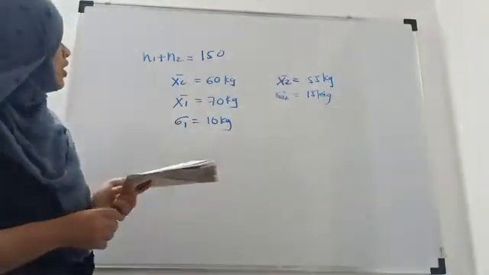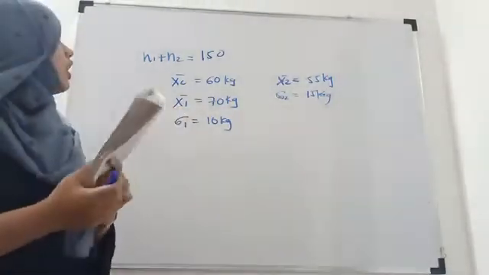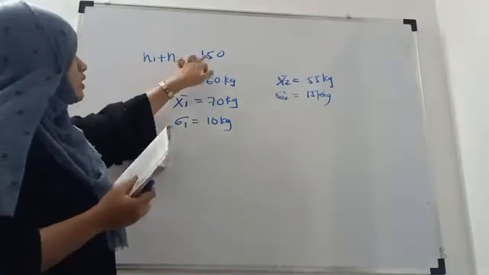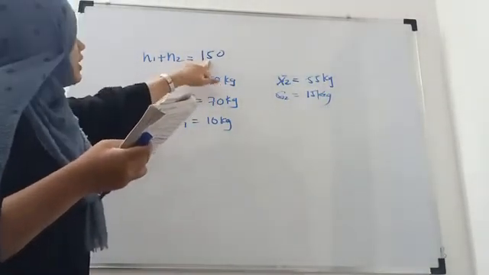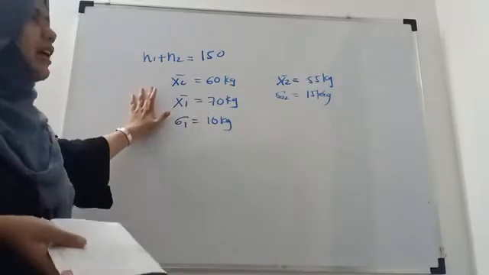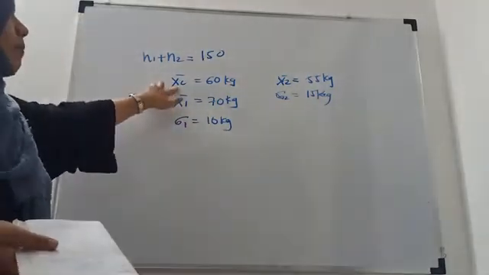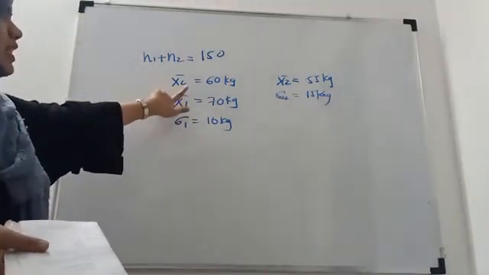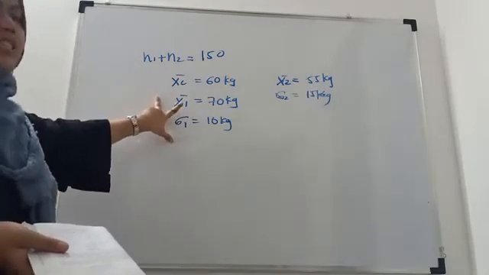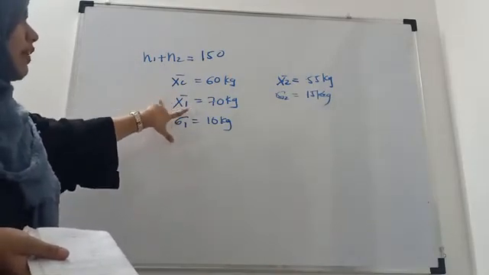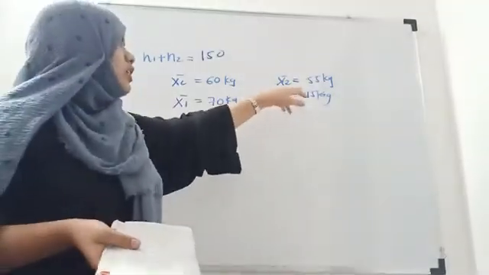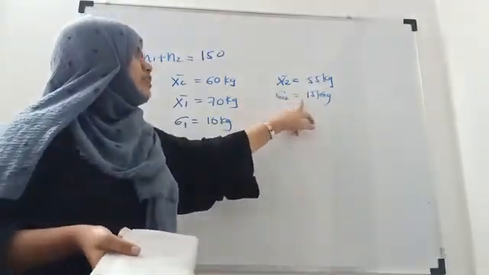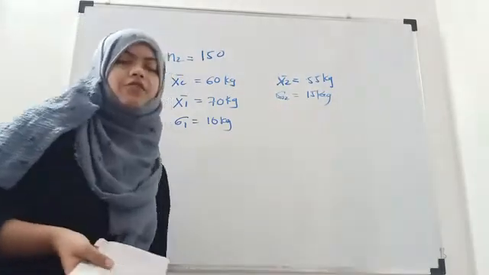So here we have a total number of students of 150, out of which there are boys and girls. The combined mean for them is 60 kg. X1, the mean weight for the boys, is 70 and the standard deviation is 10. The mean weight for the girls is 55 and sigma 2 is 15 kg.